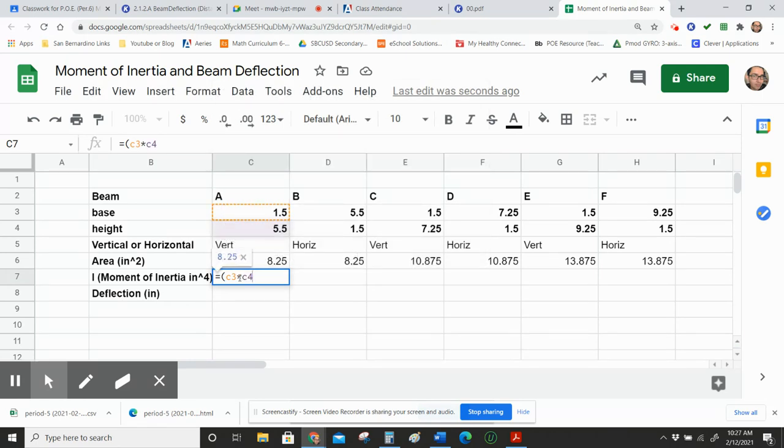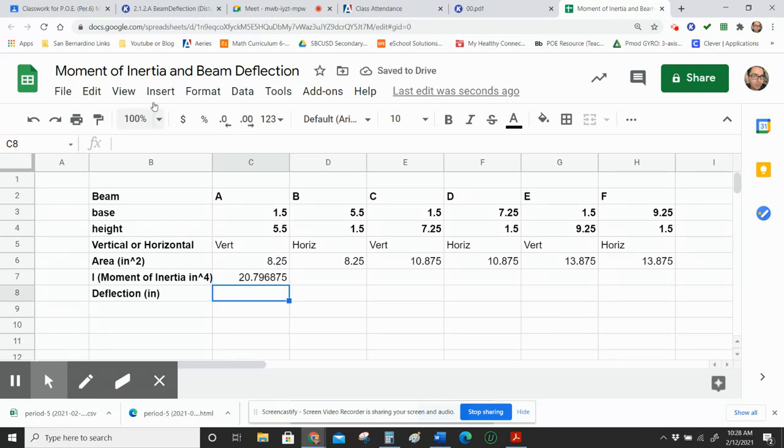That one's going to be to the power of 3, so I'm going to put a little caret symbol and the number 3. And then finally, we're going to divide that by 12. When I push enter, we got the answer to be 20.79.